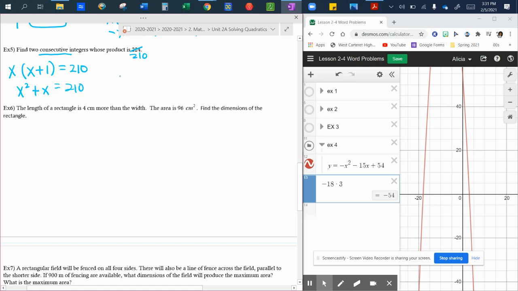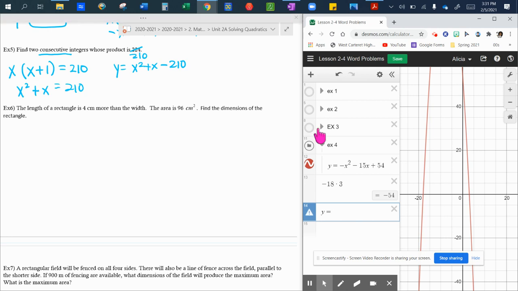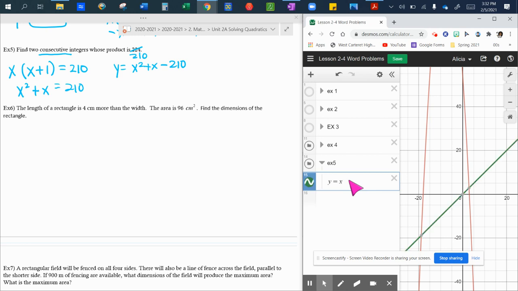Need to subtract 210. So y is going to equal x squared plus x minus 210.